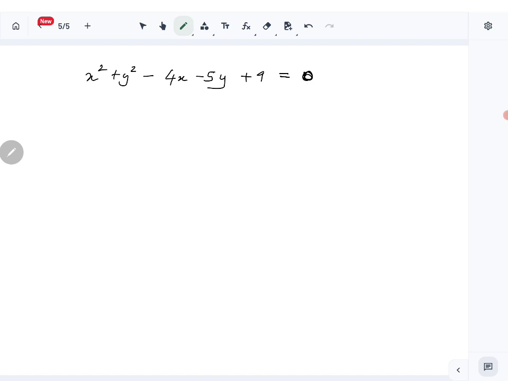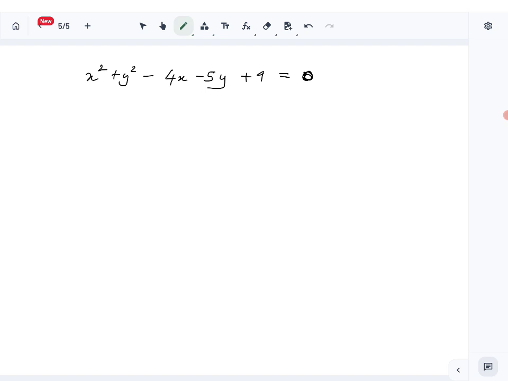Right. So either you can use the formula, minus f, minus g, or you can just expand, complete the square and get the (x minus a) squared plus (y minus b) squared equals r squared form.